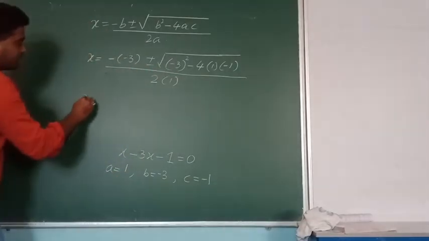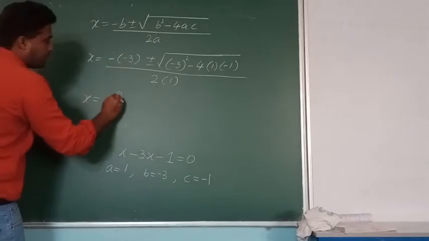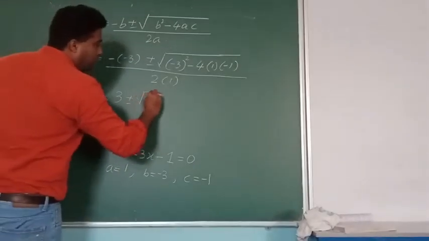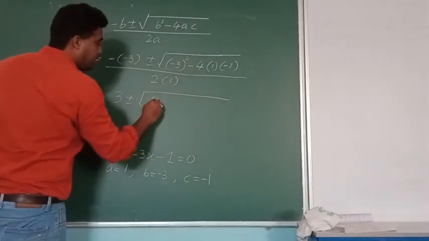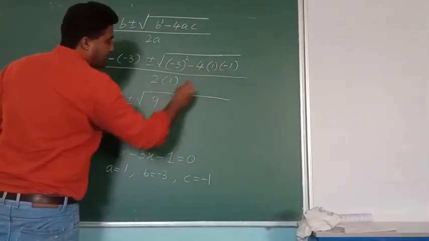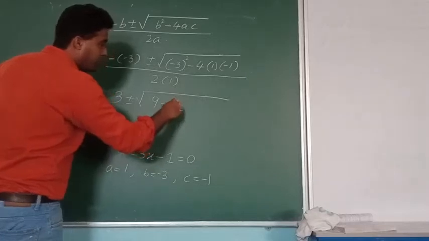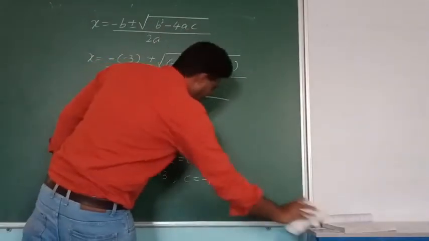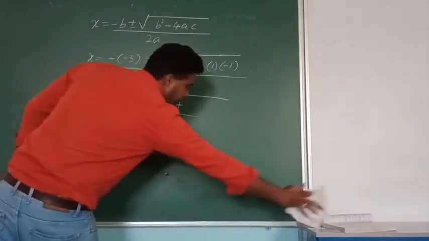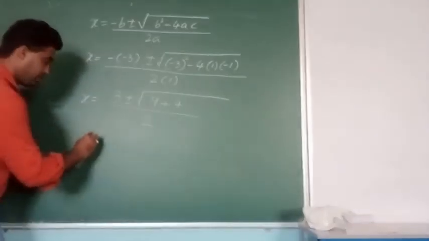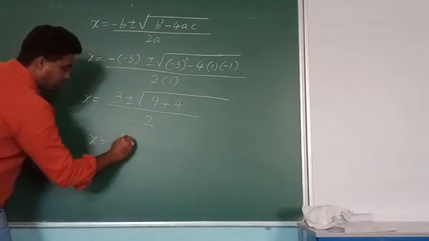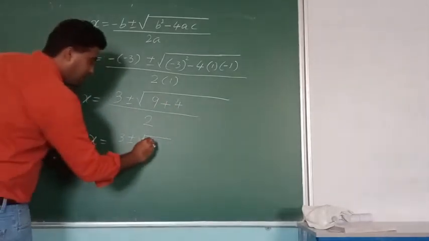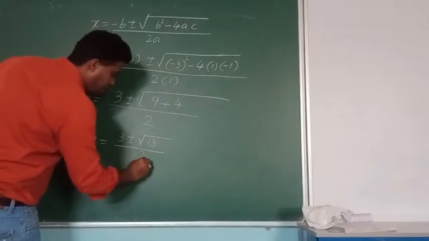This becomes x is equal to plus 3 plus or minus square root of minus 3 square, which is plus 9, minus of minus, plus 4 ones are 4, divided by 2. At last, x is equal to 3 plus or minus root of 9 plus 4, which is 13, divided by 2.